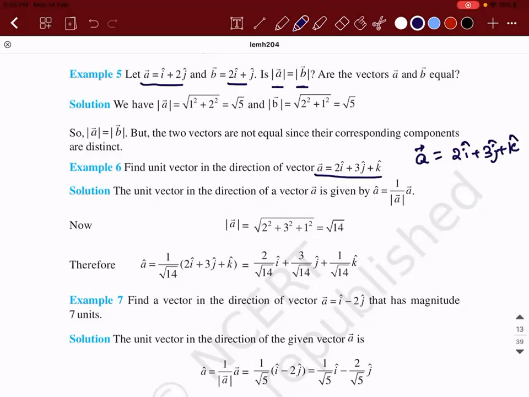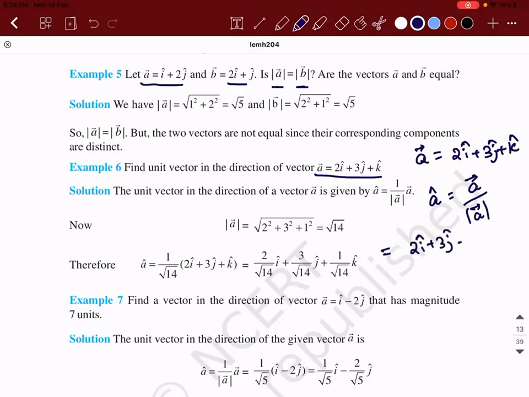Then, what is the unit vector for it? A cap is equal to how much? A vector divided by magnitude of A vector. Just now I told you. A cap is equal to A vector divided by magnitude of A vector.